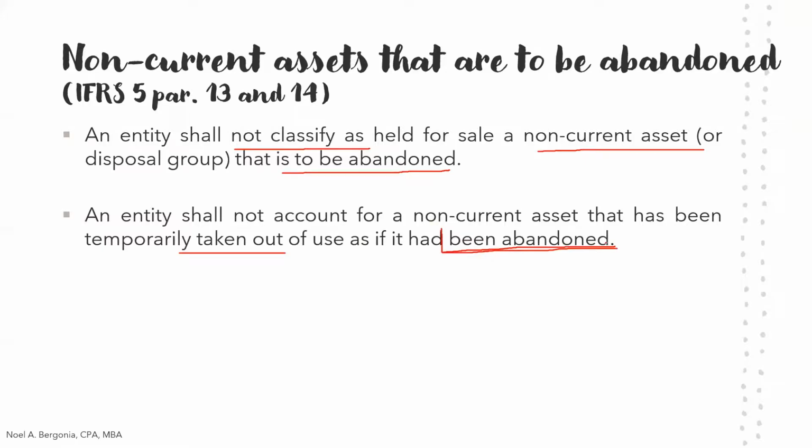Since ang original intention is not to sell naman but to abandon it for a while and then we will just use it continuously after you have been abandoned that asset. Okay, so hindi kayo pwede mag-classify as non-current assets held for sale for those that you are intending to abandon.